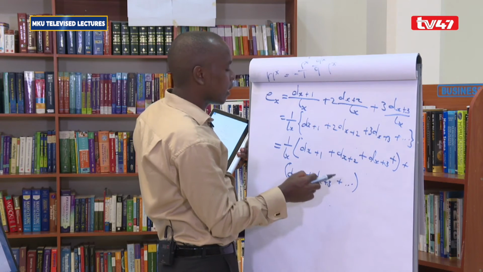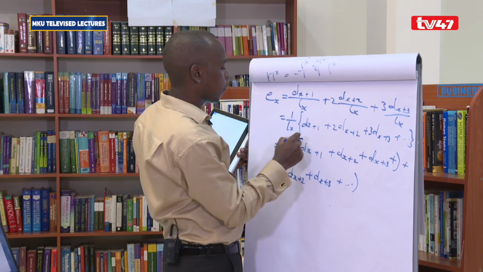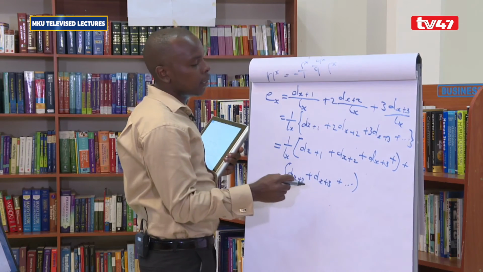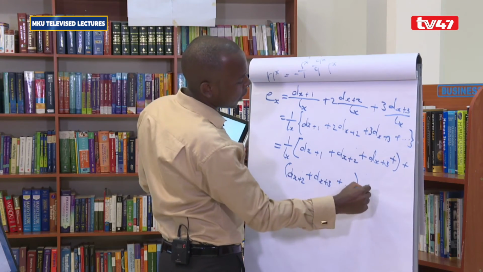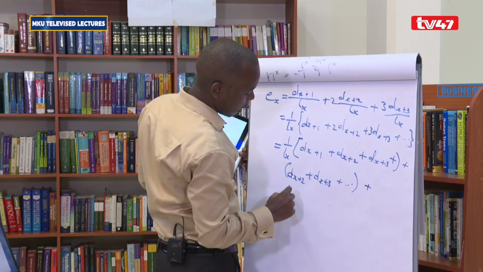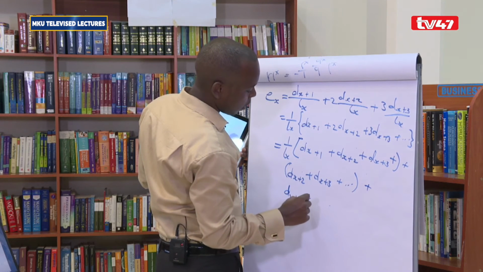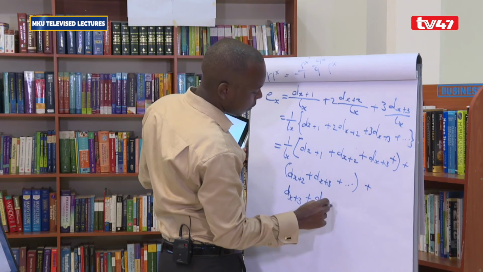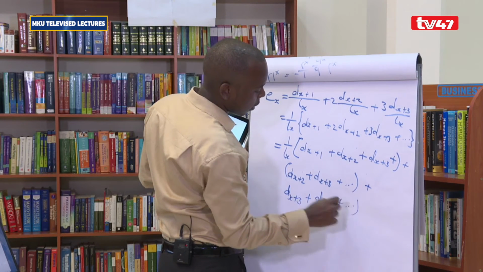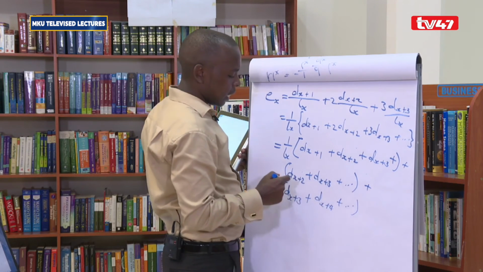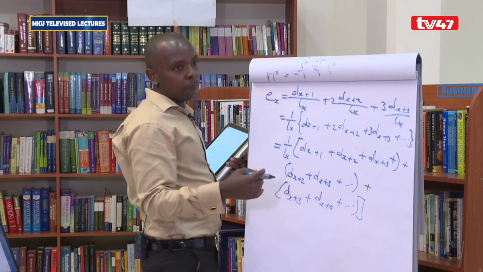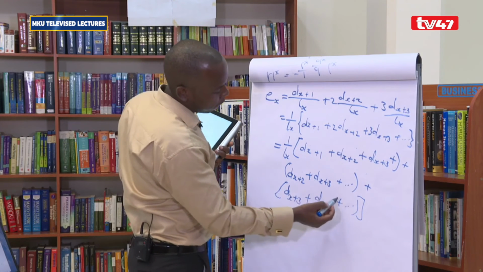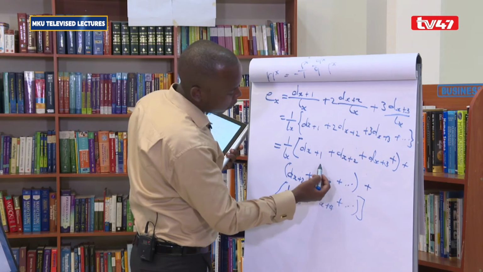So we have already taken care of the dx plus 2, but dx plus 3 were 3 of them, so we can have another series here that starts at dx plus 3 plus dx plus 4 plus. So this series here will be changing the starting point.